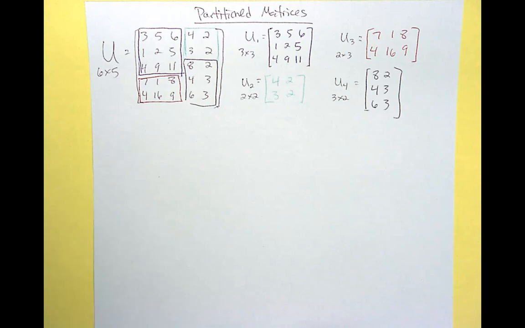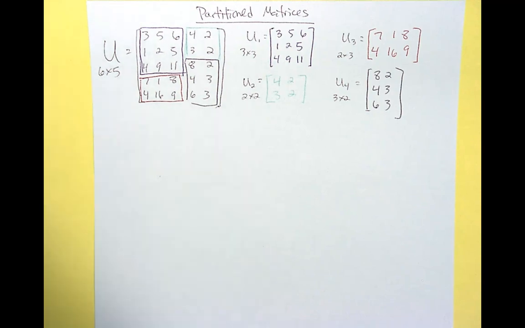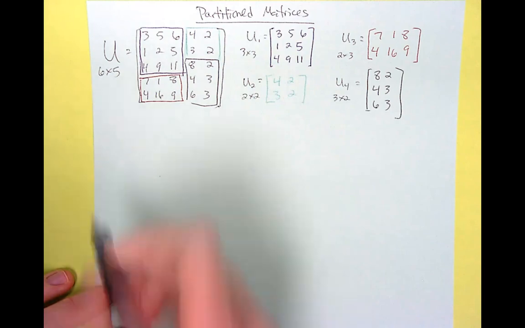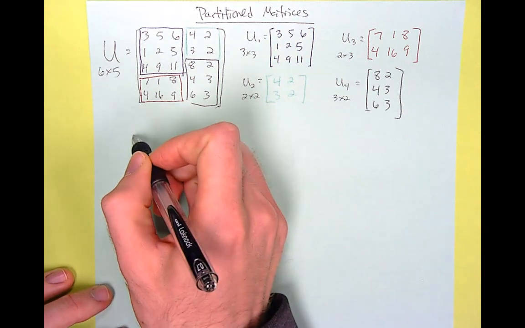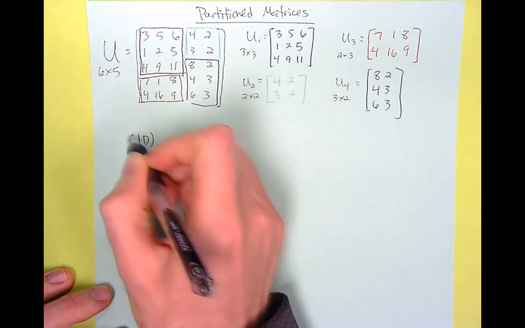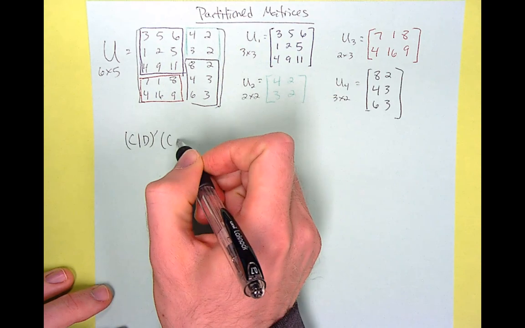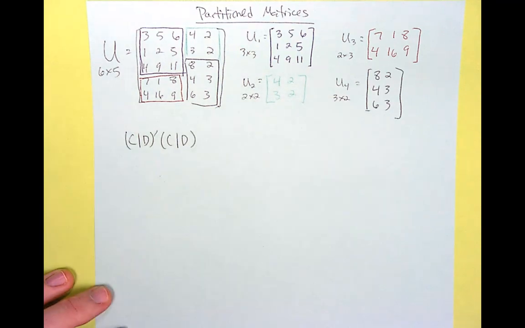So let's go back to our CD matrix that we did in the previous video on adjoined matrices. So let's say we have an adjoined CD matrix, and we're going to take the transpose of that and multiply it by itself.